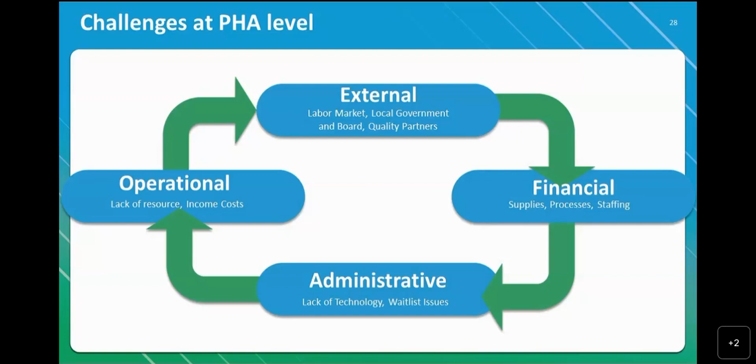Administratively, we talked about waitlist issues, not alone, but also integration of technology, how to do things faster, quicker, more efficient, not needing to have a person to file documents. So less paper creates faster processes so you can focus on something else.